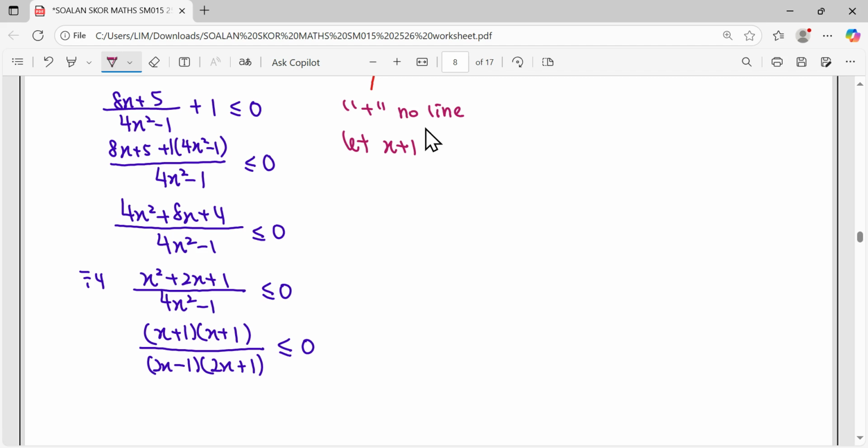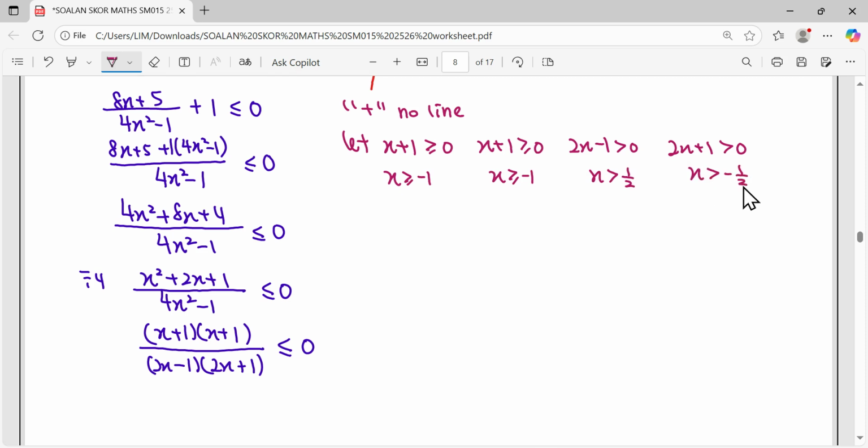Later on, I will discuss how to use the analytical method. So let x plus 1 be more than or equal to 0, and the other one also more than or equal to 0, but the denominator must be more than 0: 2x plus 1 more than 0 only. We cannot equal 0. So this is x more than or equal to negative 1, x more than 1 over 2, x more than negative 1 over 2.